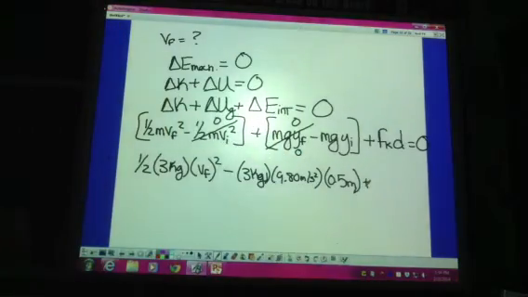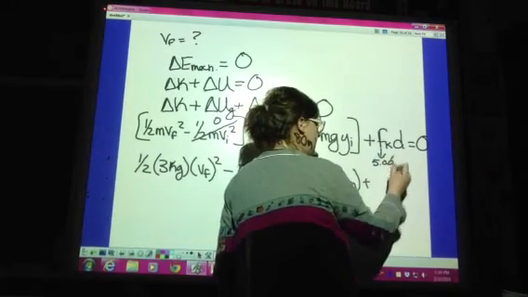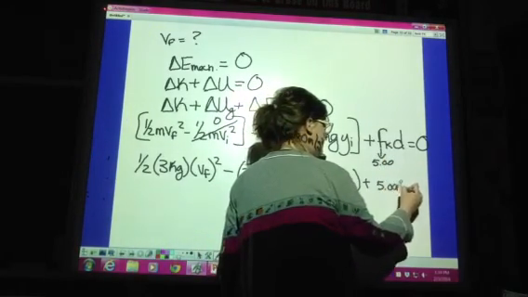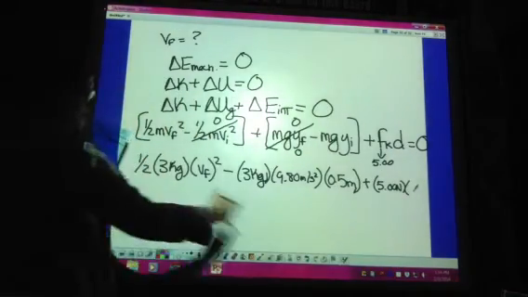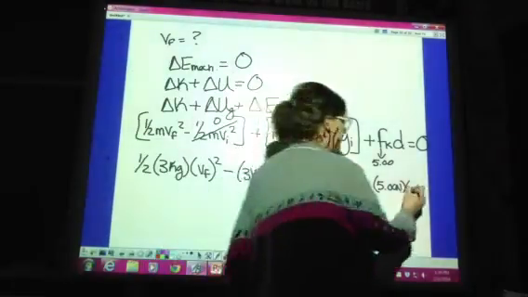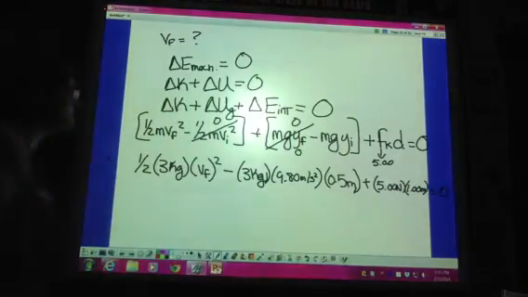They told us that the force of friction in the problem was 5 newtons, so I know that this value is just 5 newtons. And then the displacement is just going to be the length of the ramp, which was 1 meter. All of that should equal 0.